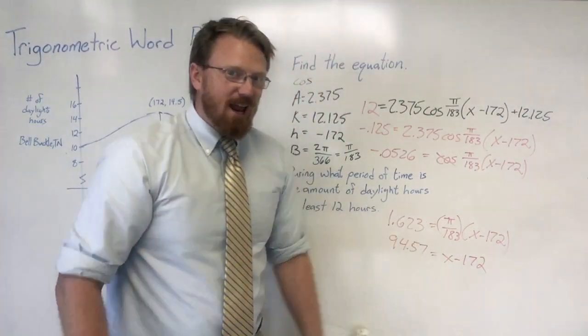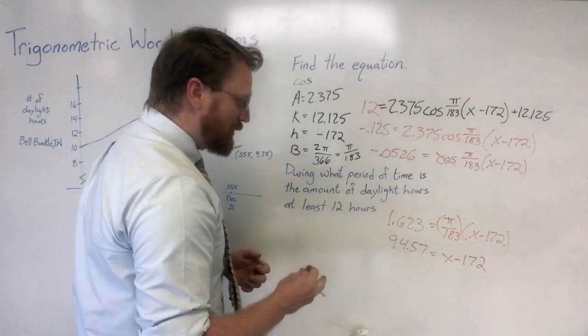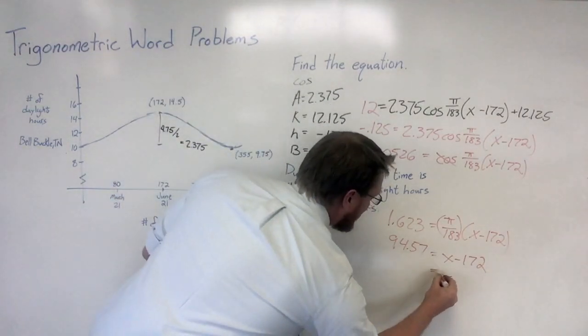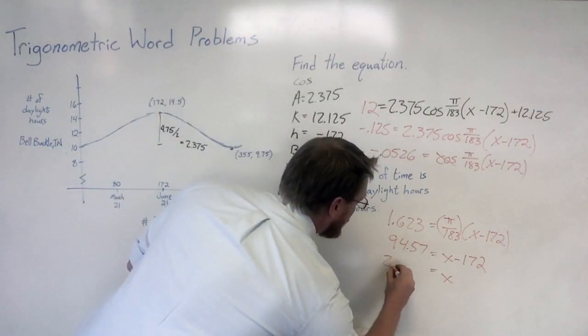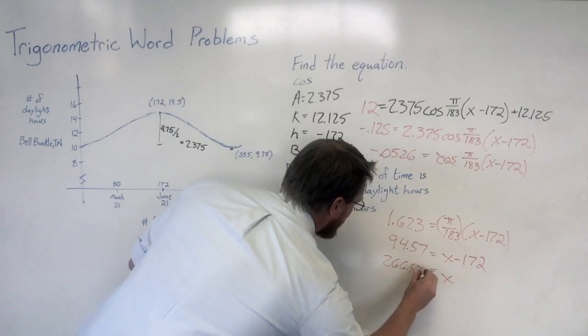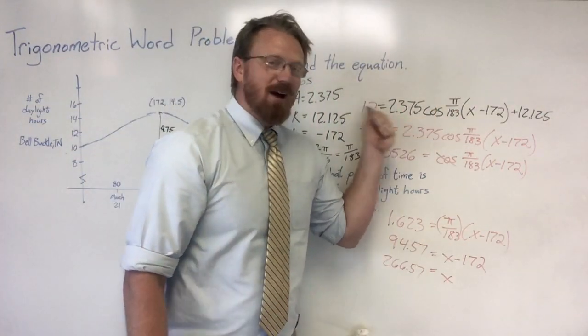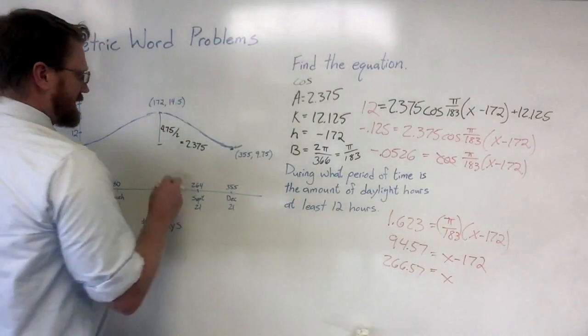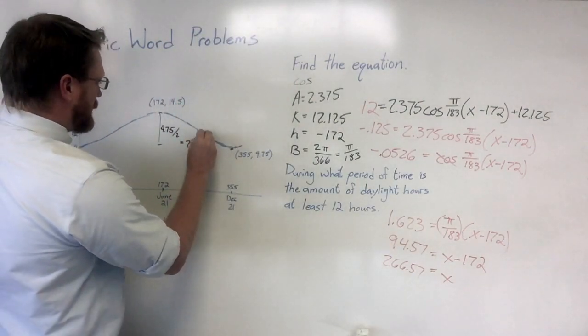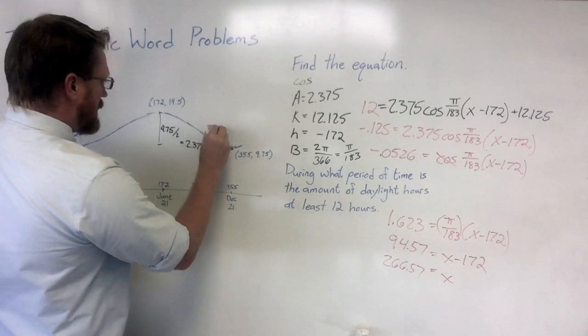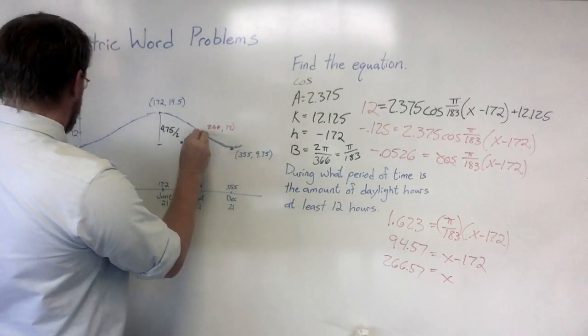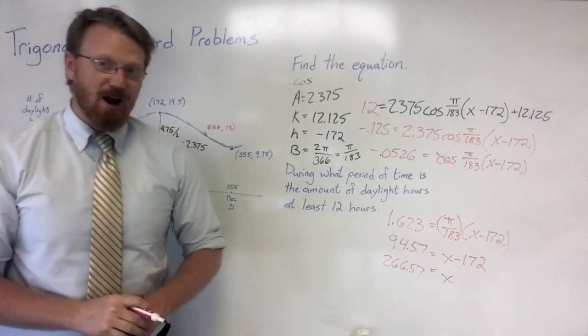And then finally, to get x by itself, I need to add 172 to both sides. And I finally get that x is equal to 266.57. So x is the day of the year in which I have 12 hours of daylight. 266, that seems pretty reasonable to have 12 hours of daylight. It looks like it's lining up pretty much with my graph.